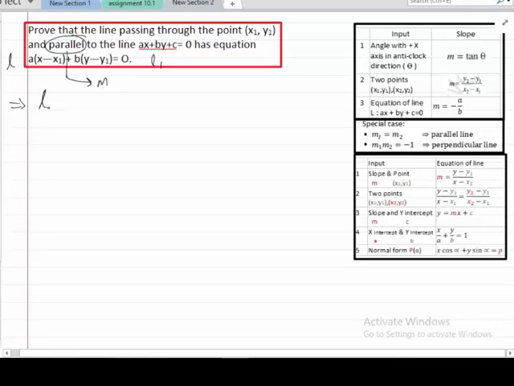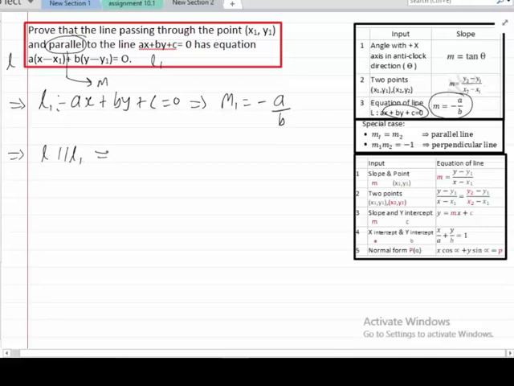It is given that the line L1 has equation ax plus by plus c equal to 0, and from the equation of line we can get the slope of the line. So let's call m1, the slope of the line L1, which is minus a by b. Now our required line L is parallel to L1, so we can say both slopes will be equal. So our required line L has a slope minus a by b.